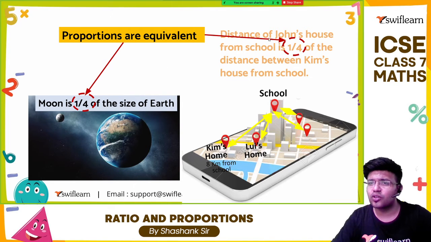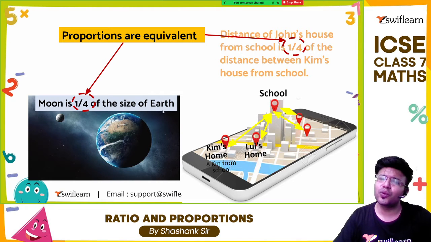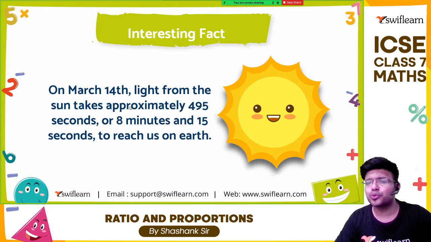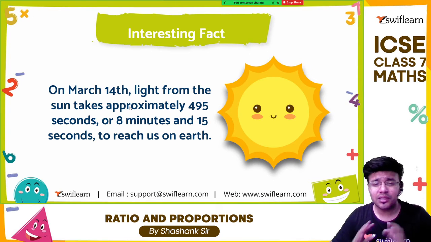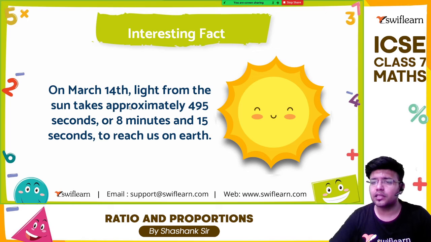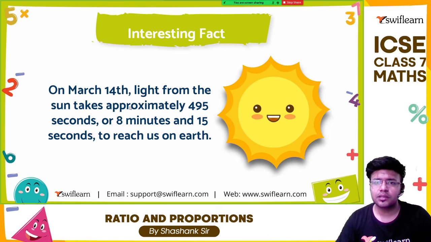The distance of John's house from school is 1/4 of the distance of Kim's house from the school. Moon size is 1/4 the size of Earth. See this 1/4 and 1/4. Are they in proportion? Yes. This is an interesting fact.